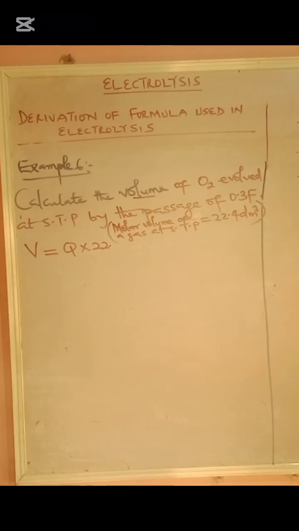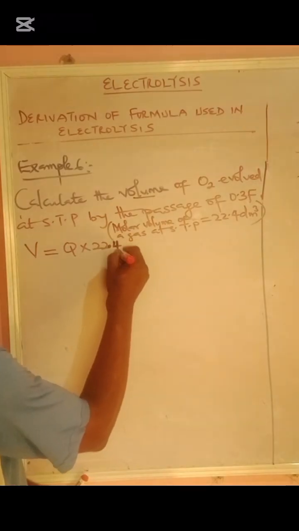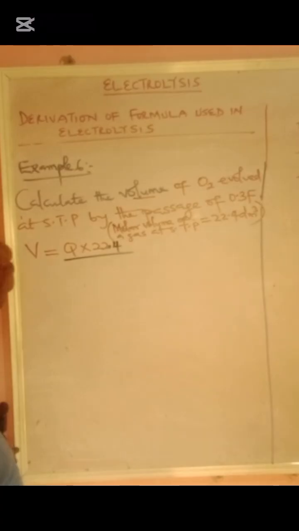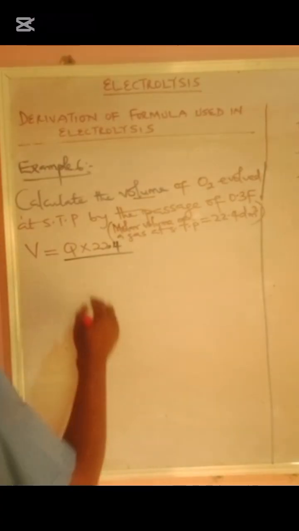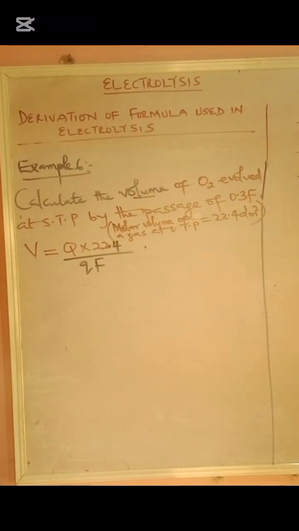That's the volume occupied by 1 mole of the gas at STP. So divided by nQF. You still remember? That's the formula.